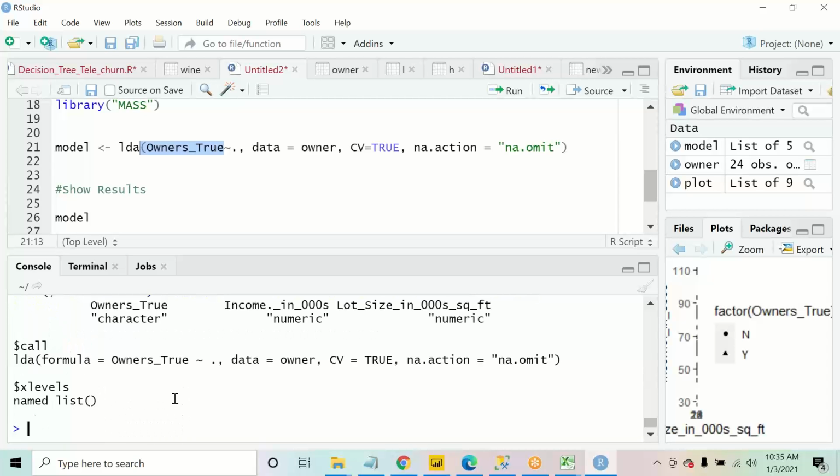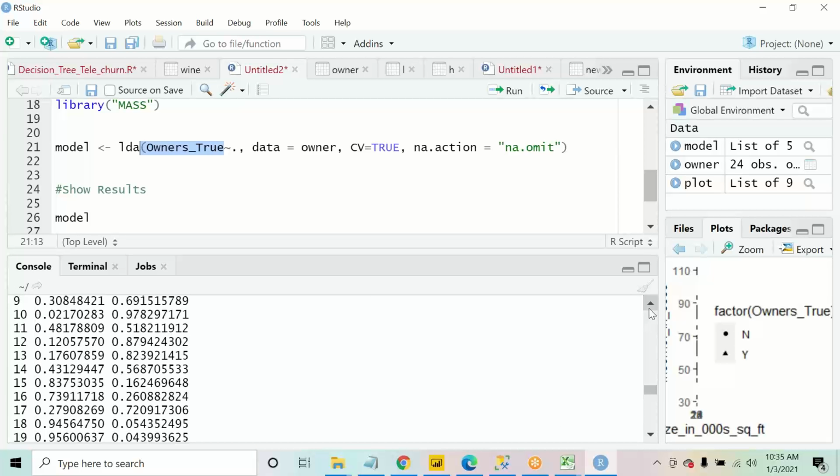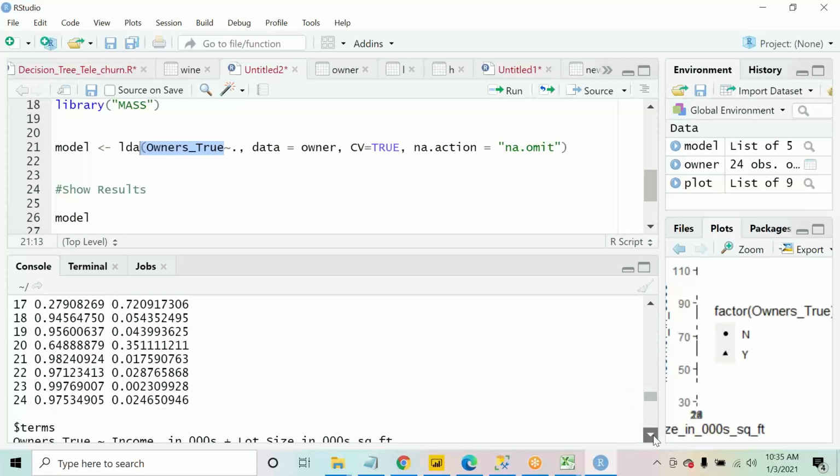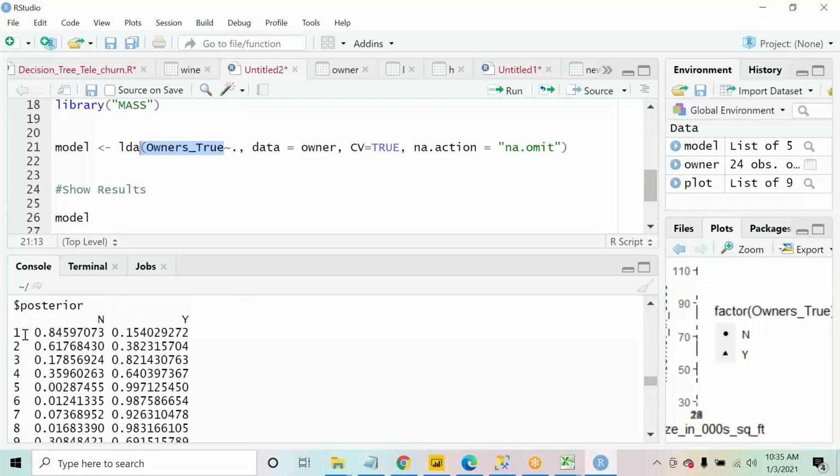Then what this model does is it calculates the posterior probability, right? So if you see, we have 24 rows, and you can see that 24 times the probability is coming. This probability is for the first row. For the first row, what is the probability of having no and what is the probability of having yes?